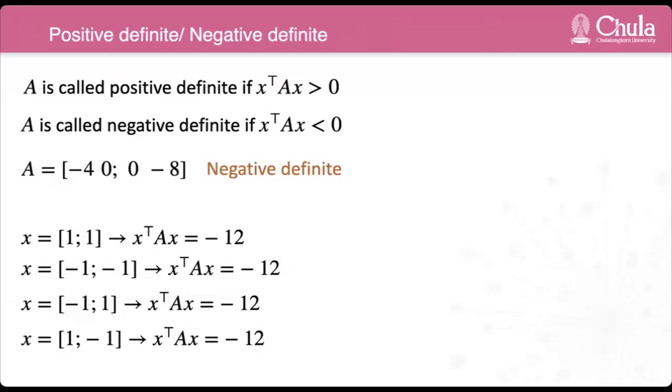We choose another X as minus 1, 1. X transpose AX is negative. And the last one, when X is 1, minus 1, X transpose AX is always negative. See? That is the property of negative definite.